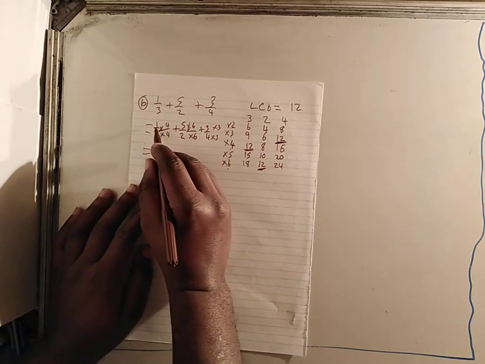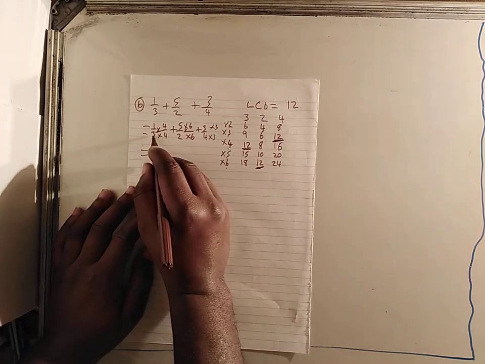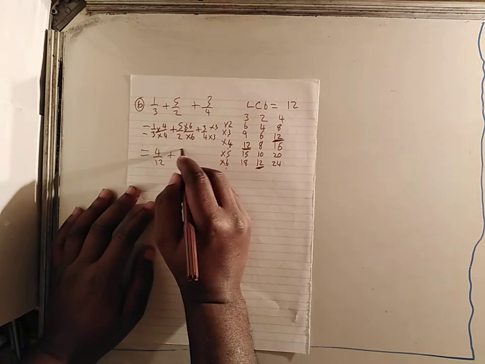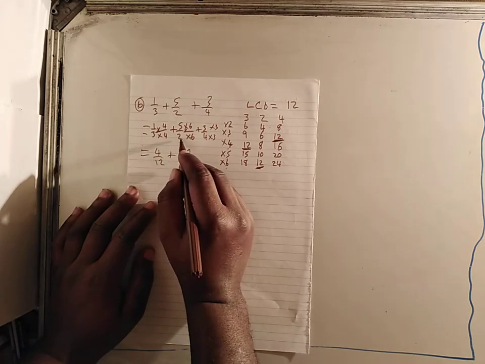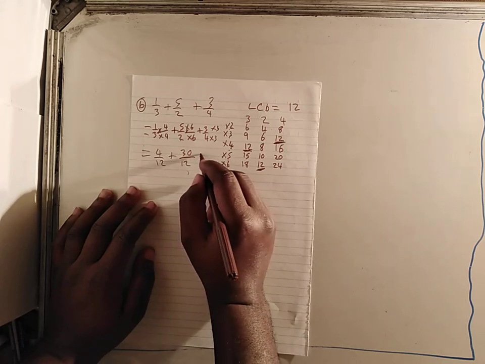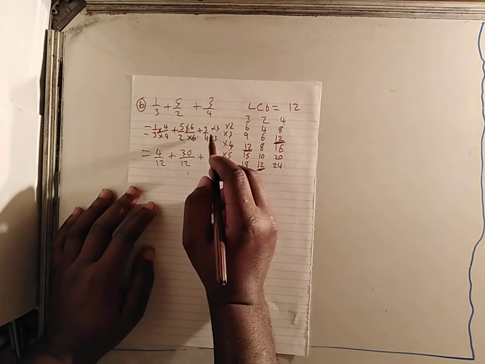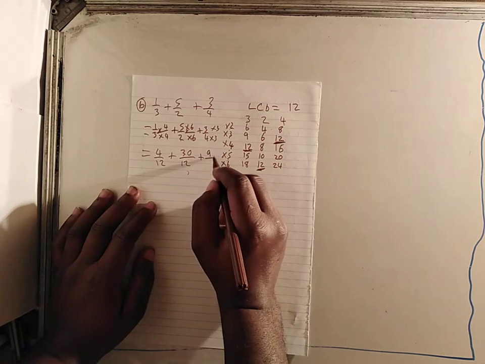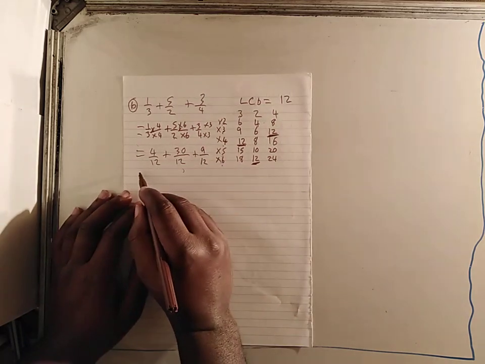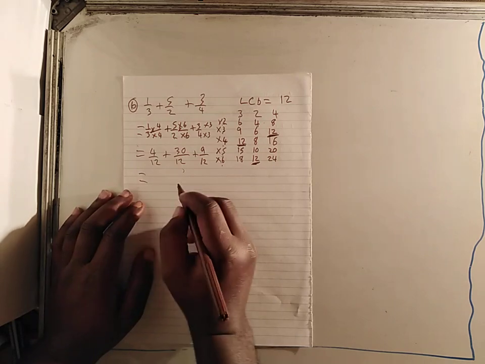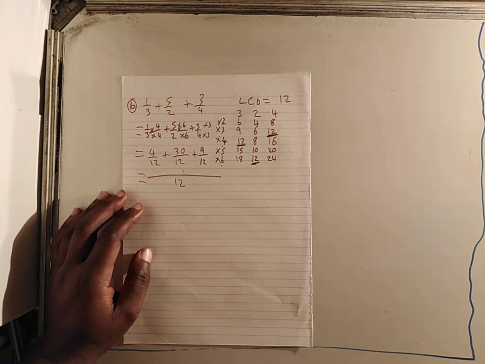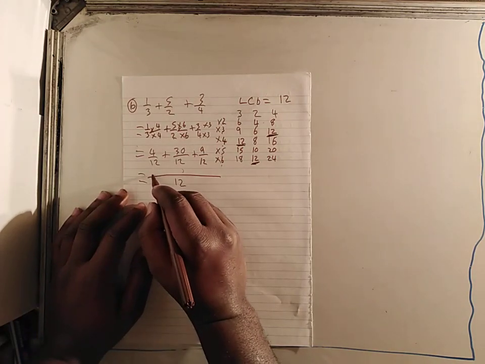Then so what do I get? 1 times 4 is 4. 3 times 4 is 12. Plus 5 times 6 is 30. And then 2 times 6 is 12. And then plus 3 times 3 is 9. And then 4 times 3 is 12. So now I get 12 because the denominators are the same now. I'm exactly where I want to be. And then we take the numerators as they are.